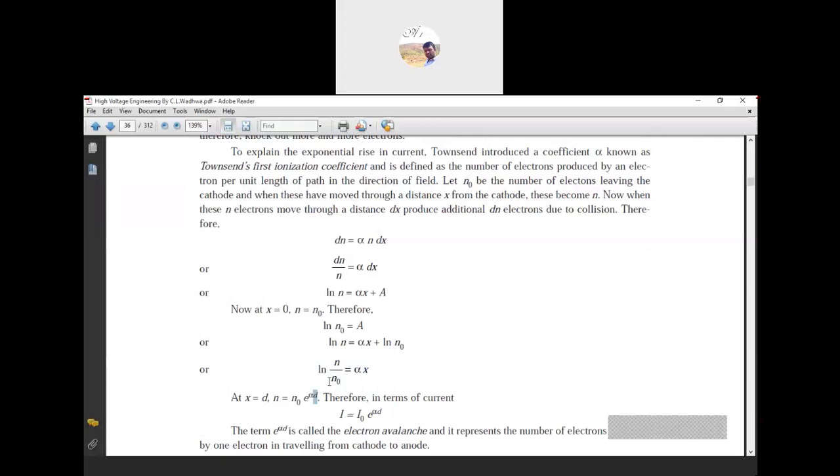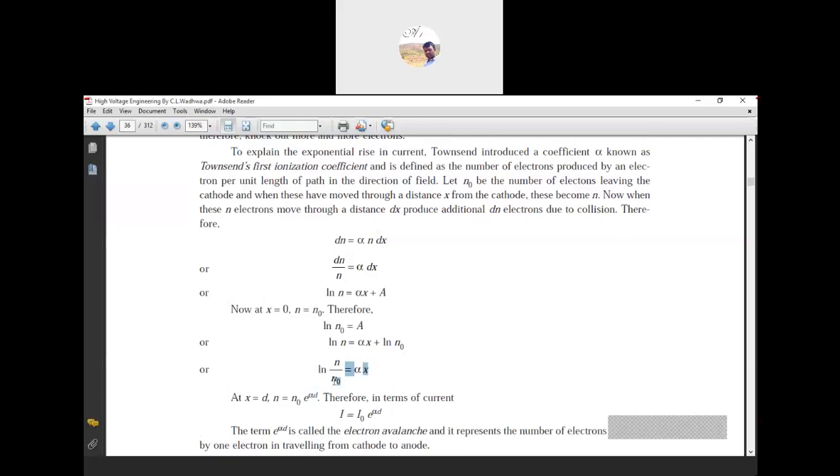You may think, sir, that it should be ln n is equal to alpha x. Why does it come like this? Because we have the formula ln n minus ln n naught, which becomes ln n by n naught, and from that we get alpha x.